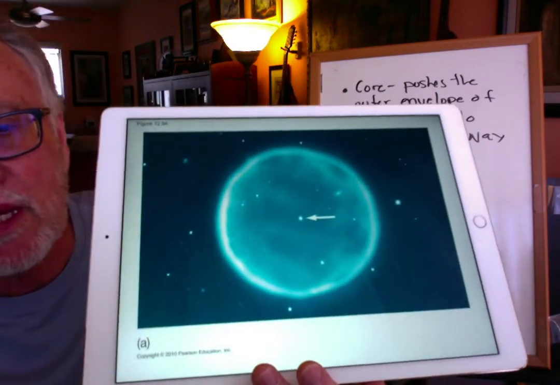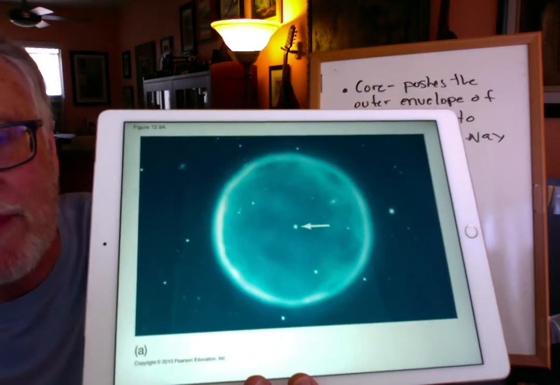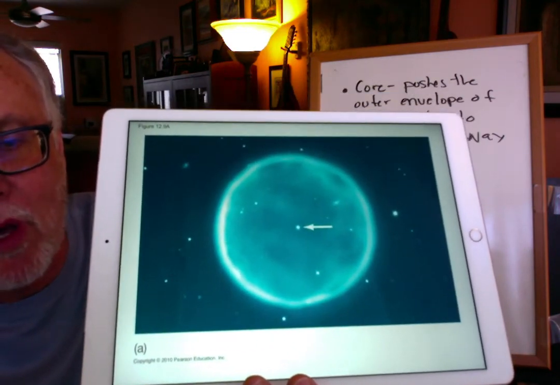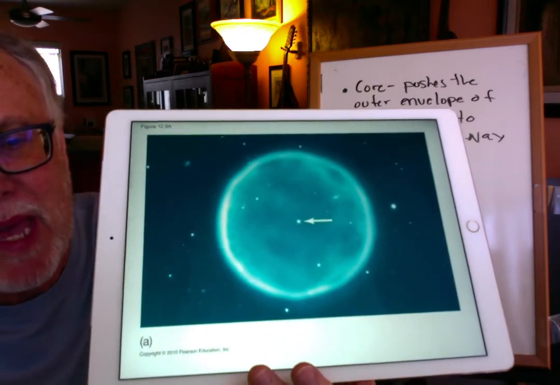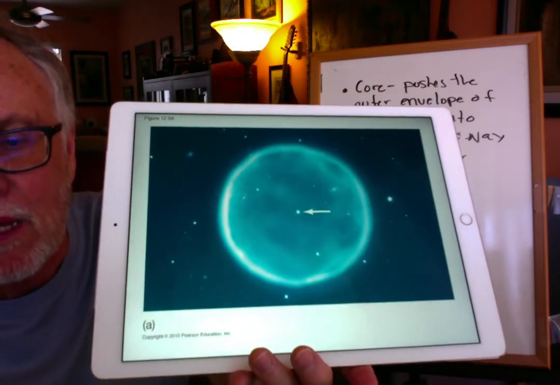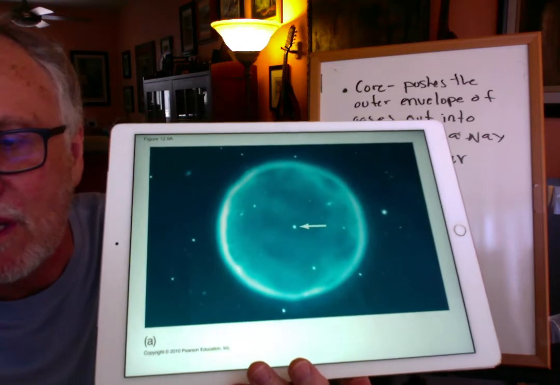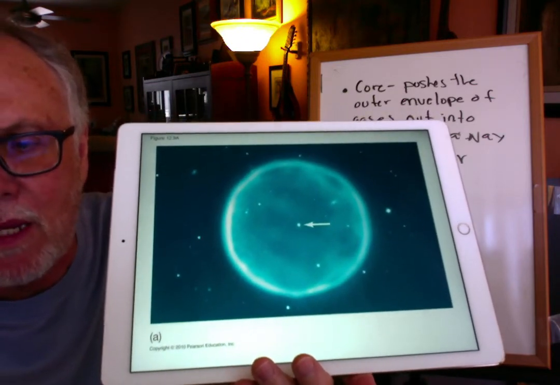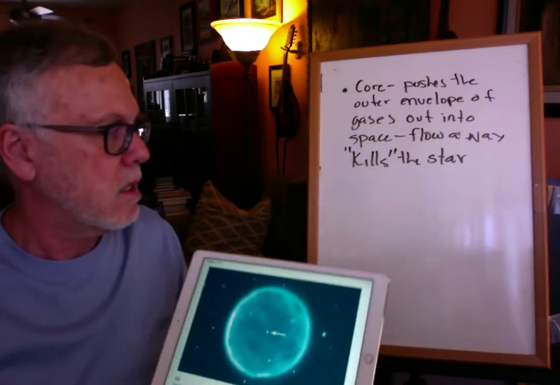And so what we get is something right here. This is where it's not so obvious. It looks like there was one burp and the whole outer shell is just expanding out into space. And right in the middle is that remaining core of the star, which is mainly, though not totally, carbon.